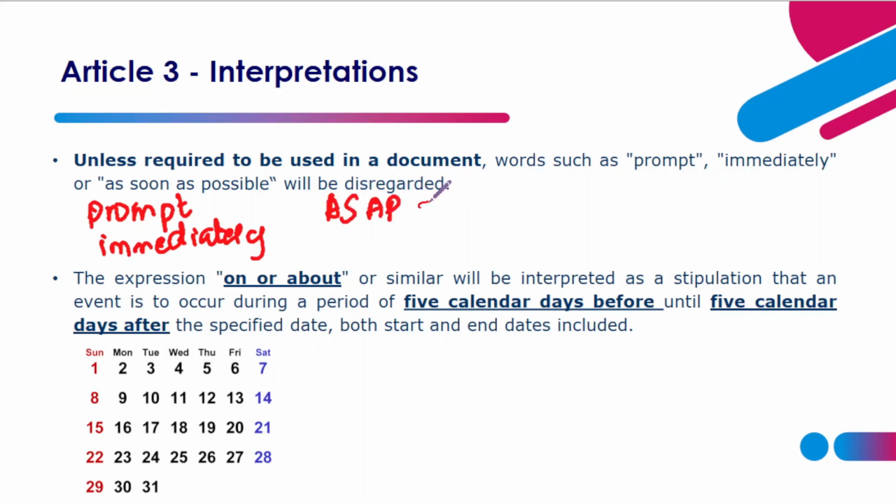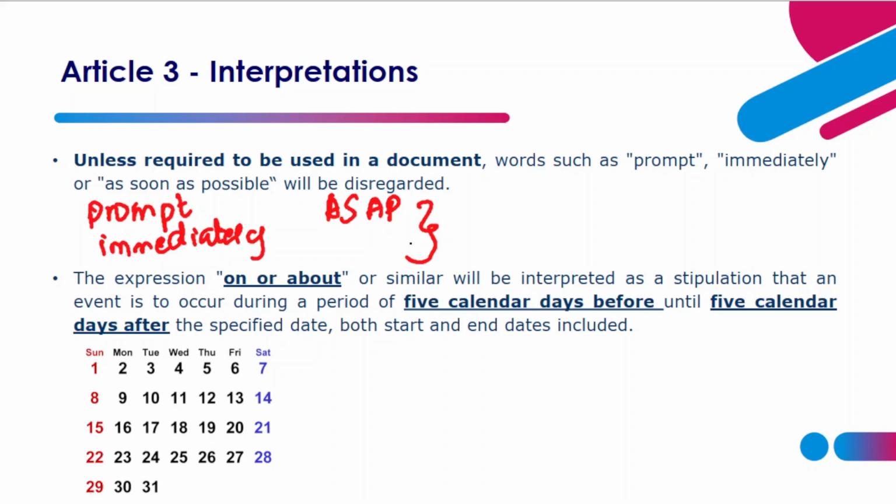Why are they asking you to disregard these terms? Because again, this creates ambiguity, uncertainty, or a misunderstanding. What is immediately for me can be 2 days, but for the person who's informing, immediately could mean the very same day itself as well. So this will create some sort of a misunderstanding.